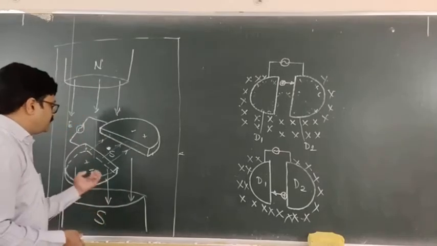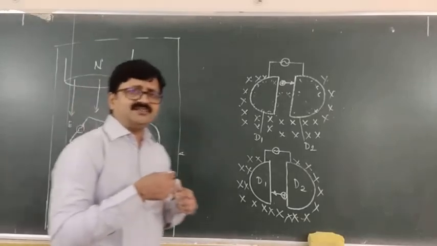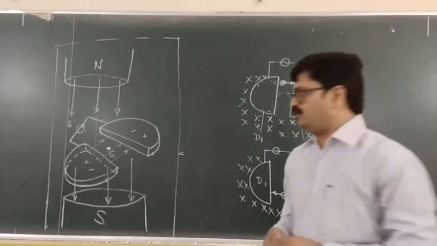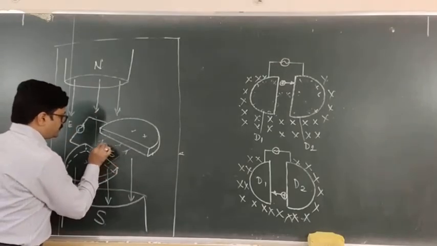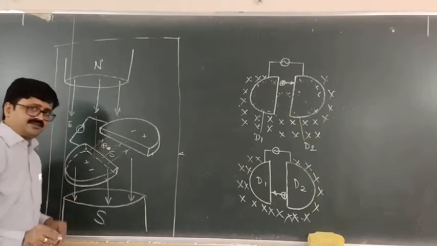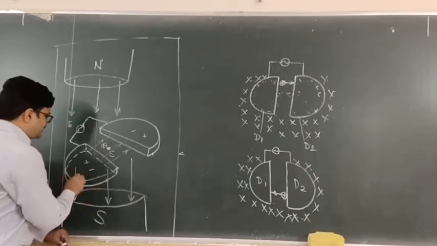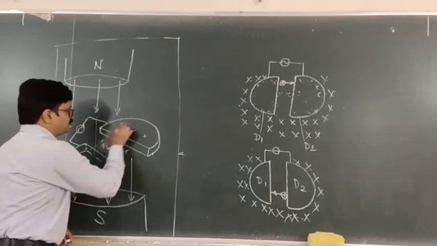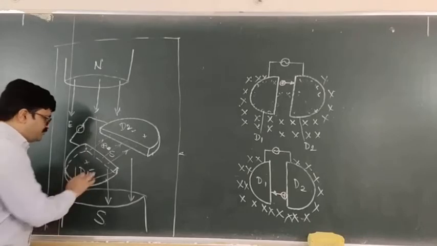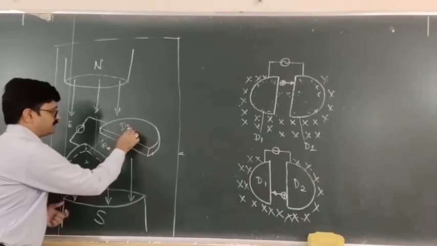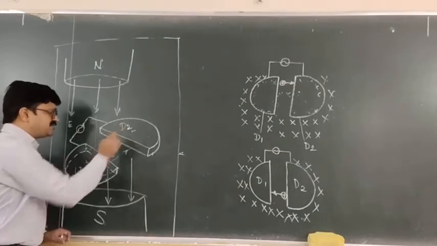Due to thermal energy, the source will get dissociated into positive ions, and one such positive ion, suppose it is created like this. Initially, say this is V1 here, this is V2, and say V1 is positive and V2 is negative.